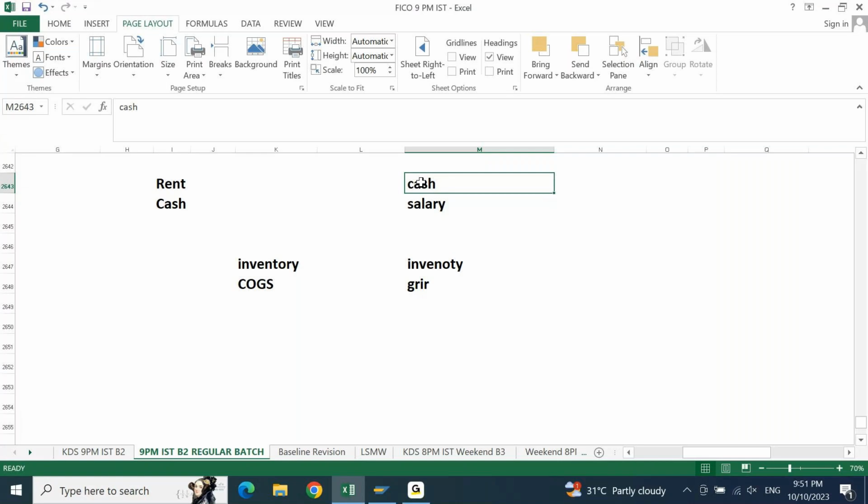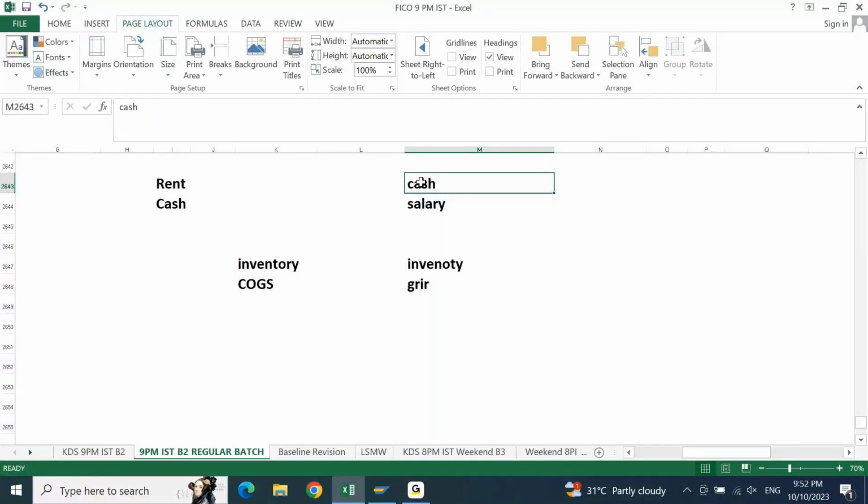If I'm talking about cash, I'm talking about debit, and my offsetting may be credit. It goes in a similar way for a clearing account also. Any account you can take: if you're talking about one side, the other side becomes offsetting. And are offsetting and clearing account the same, sir?